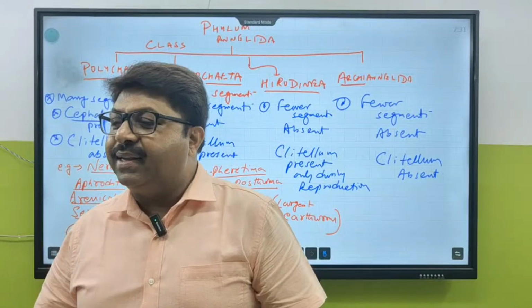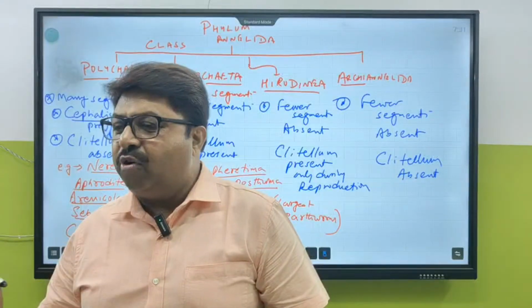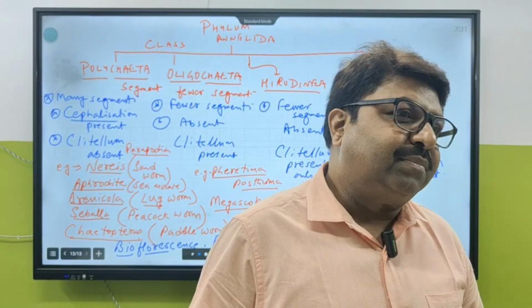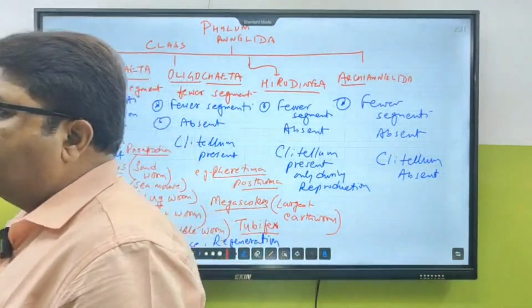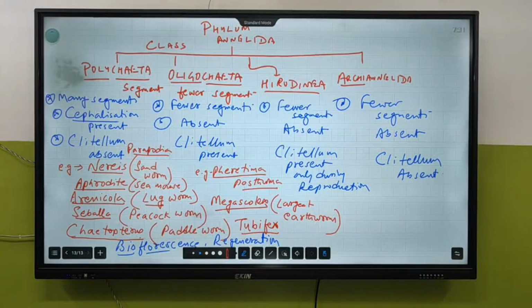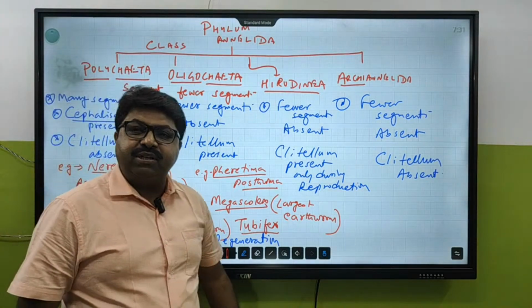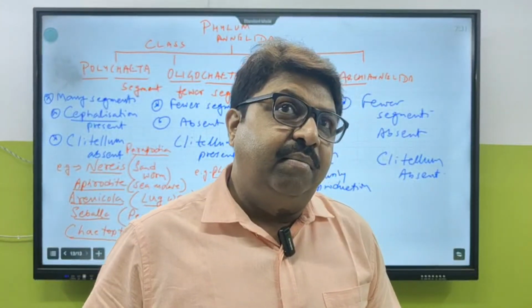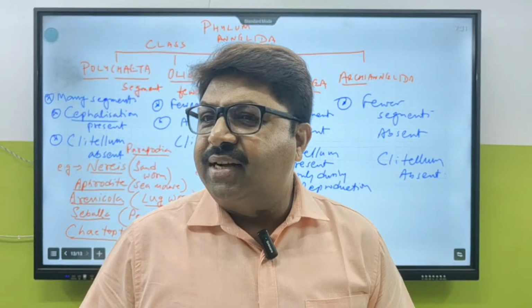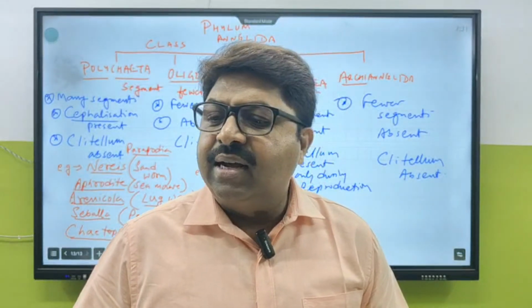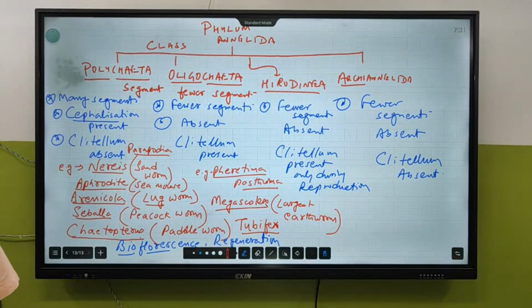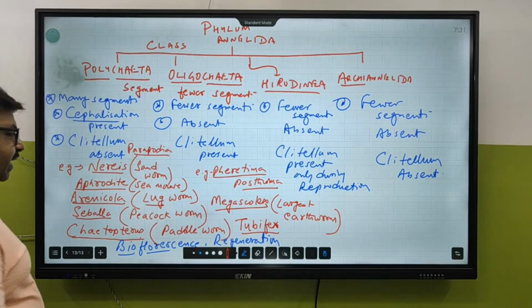Non-polluted water will contain tubifex. But the actual bioindicator of water pollution is Chironomus larva. Clear? Next.